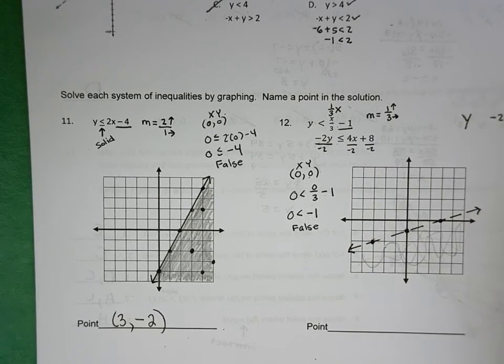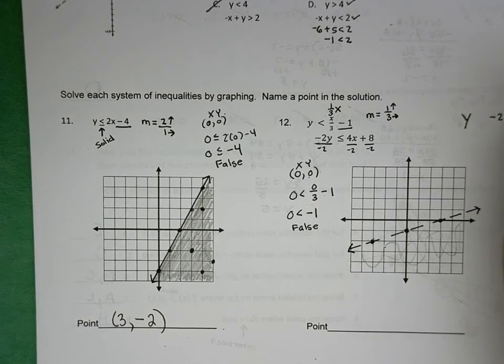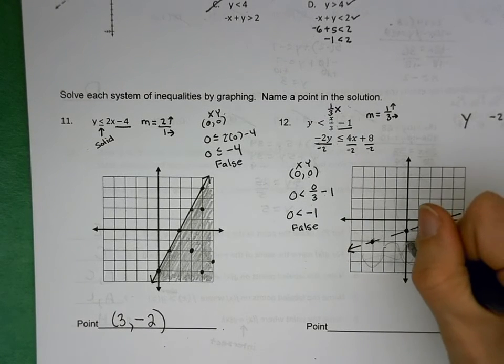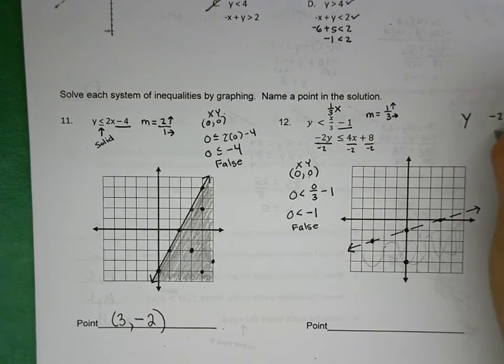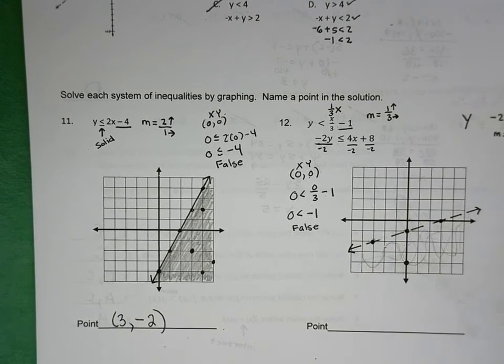Okay, so my b is -4. I'm going to start down here, 1, 2, 3, 4. And my m is -2. Because it doesn't have a denominator, I'm going to put it over 1, which means I'm going down 2.